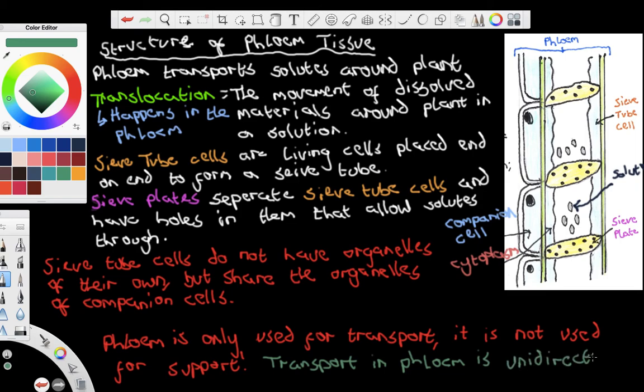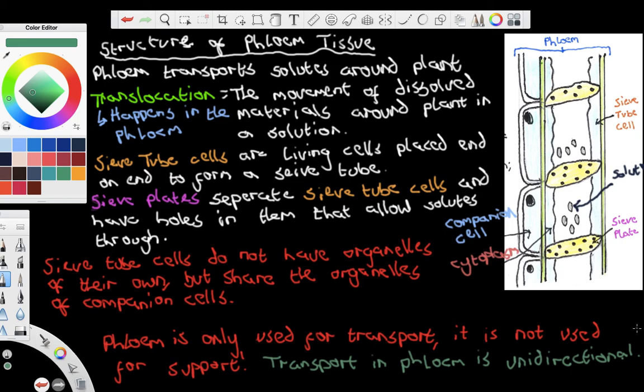If you think back to the start of this lesson, the flower I drew, we said that the sugars are transported both up and down from the leaf, whereas the water and mineral ions are only transported up from the roots.